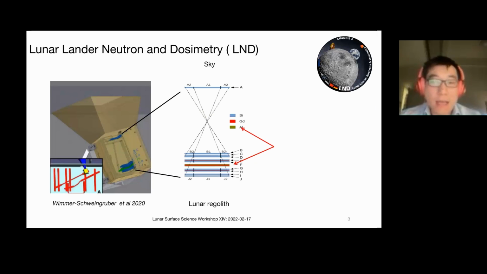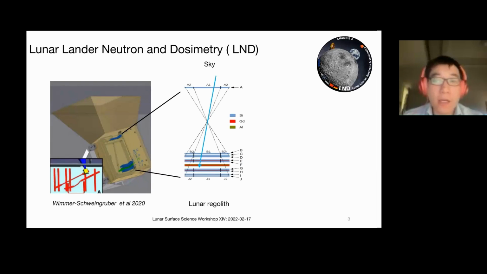Inside these detectors, we have three different layers that can be used to detect neutrons, which is not the case for this study, but the radiation and neutron monitor research was first published in Space Weather 2020.